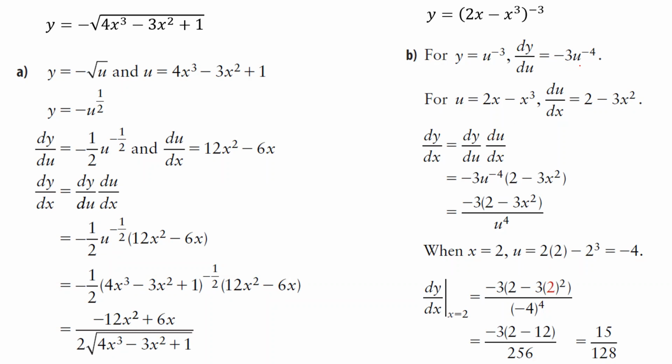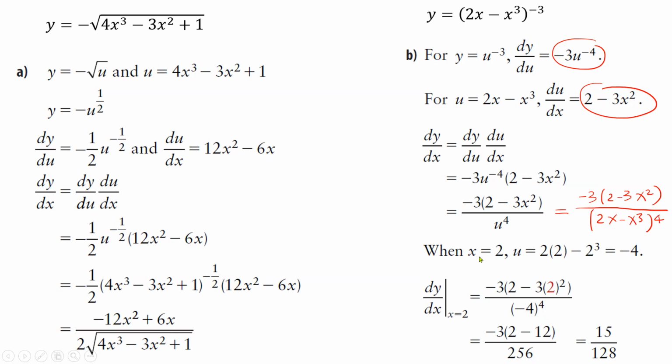Then dy by du is this expression. Du by dx is this expression. Then we can plug them there. The final result is -3 times 2 minus 3x squared over u to the power 4. Of course, you can also express that as 2x minus x cubed to the power of 4, right?